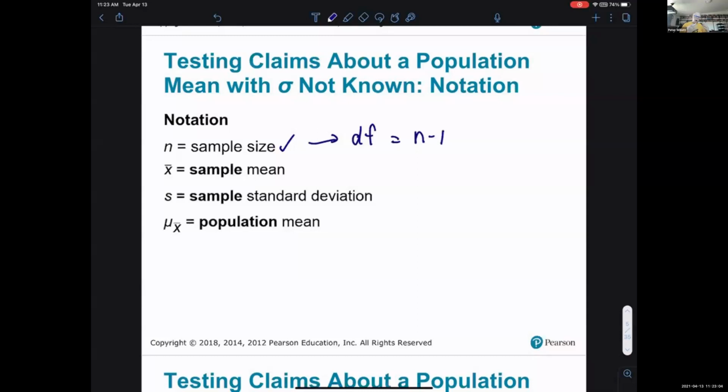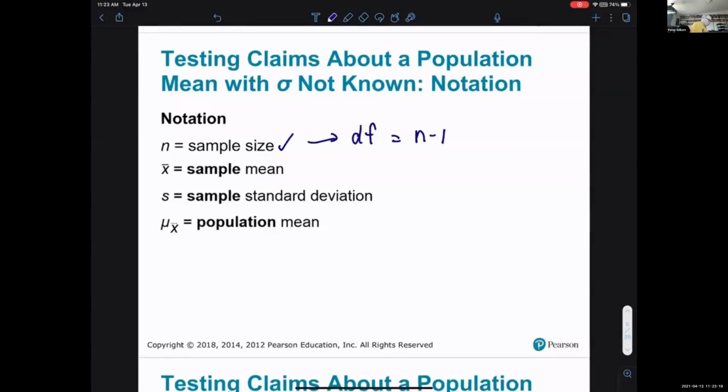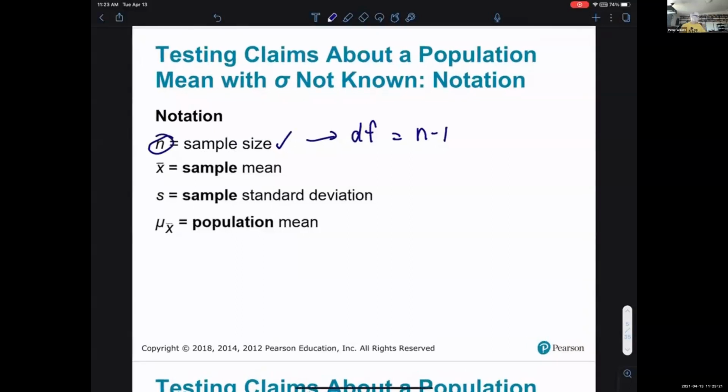But even with smaller sample sizes, we can still use a t-distribution, assuming that we know that the sample is drawn from a normally distributed population. We'll see these criteria laid out in the coming slides. So sample size does become more important when we're doing a t-distribution. And then instead of using p for the proportion of the population or p hat for the sample, we're using x bar, which we're used to from before, for the sample mean.